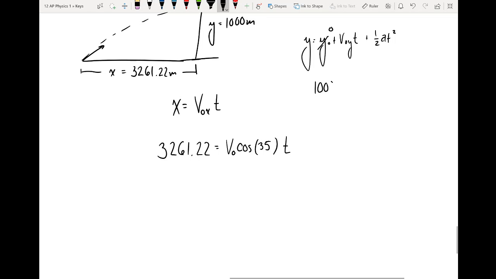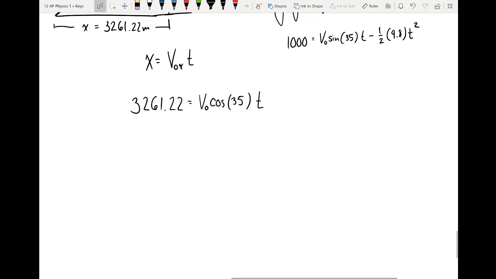So 1,000 equals v naught sine of 35 t, and then plus 1/2 a t squared, so minus 1/2 9.8 t squared. So now we have two equations and two unknowns. Oh, sorry, this is 4.9.